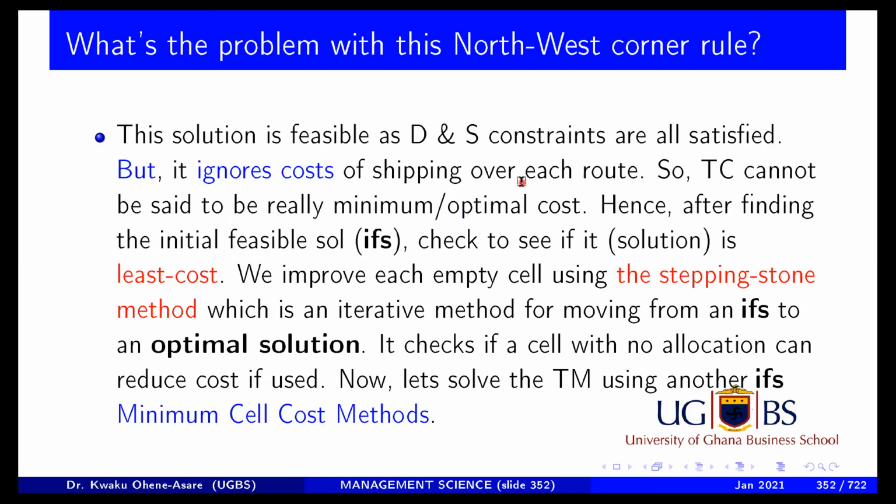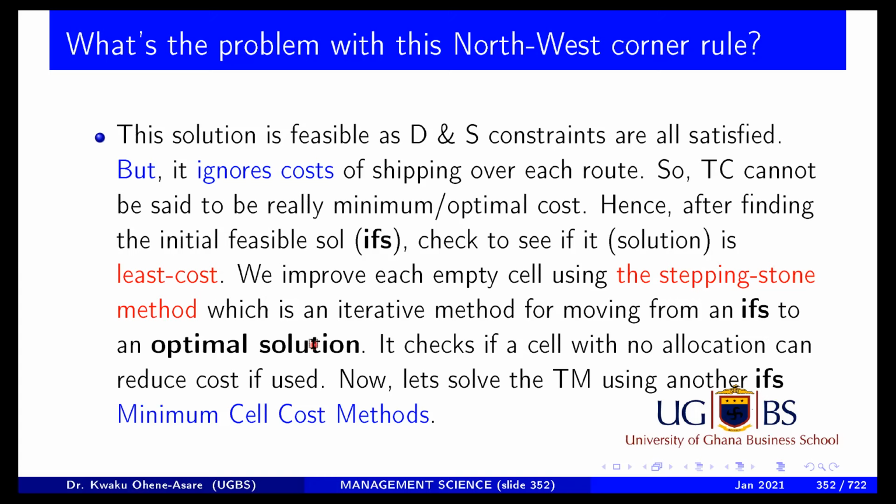And so after finding this initial feasible solution, we need to check for the least cost. That is why later on we'll improve it using the stepping stone method, which is an iterative method for moving from the initial feasible solution to the optimal solution.